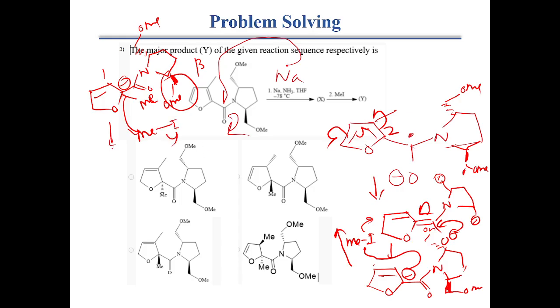So it will give the alpha alkylated product, due to this beta CH2OMe group. So ketone, whatever the group, and methyl. What is the answer then? So the first is the right answer.